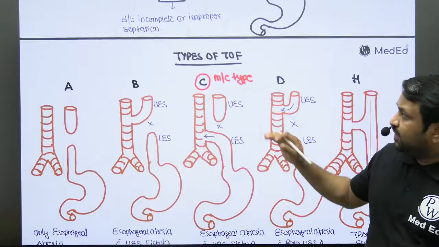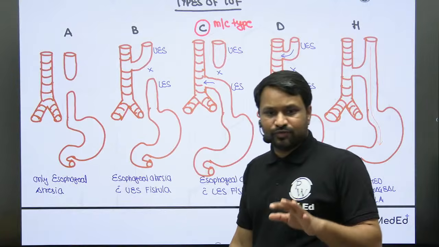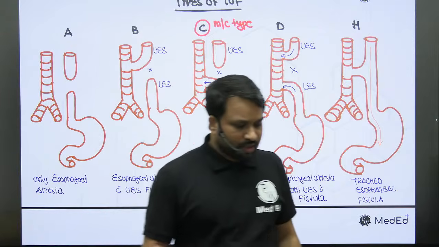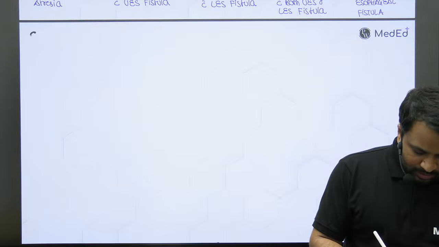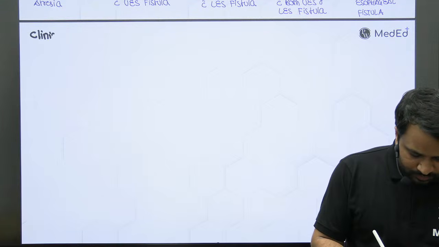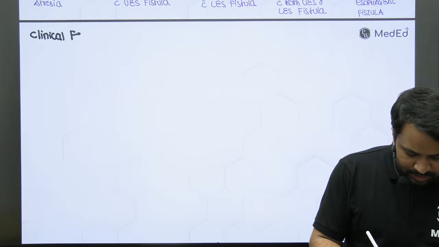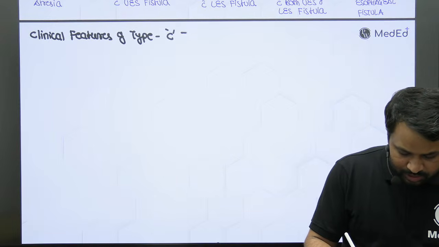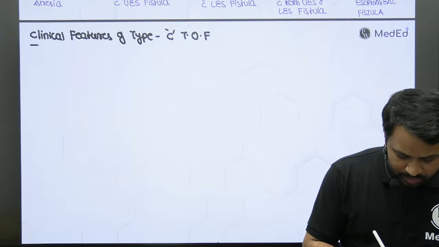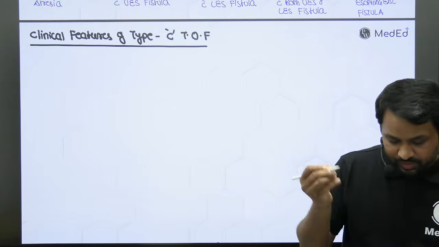Then we discussed the various varieties of the tracheoesophageal fistula that are going to be found. Now we'll talk about the clinical features, right? So here we'll talk about the clinical features of type C tracheoesophageal fistula. TOF stands for tracheoesophageal fistula, right?